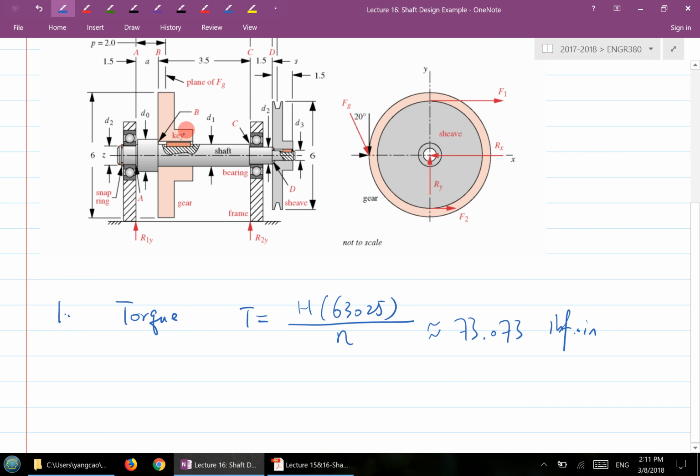If I'm going to analyze the shaft, I should know that the torque exists only between here and here. We're talking about a uniform torque, which means Tm is not 0, it's this much here, and Ta equals 0. So no alternating magnitude, just a constant torque throughout.